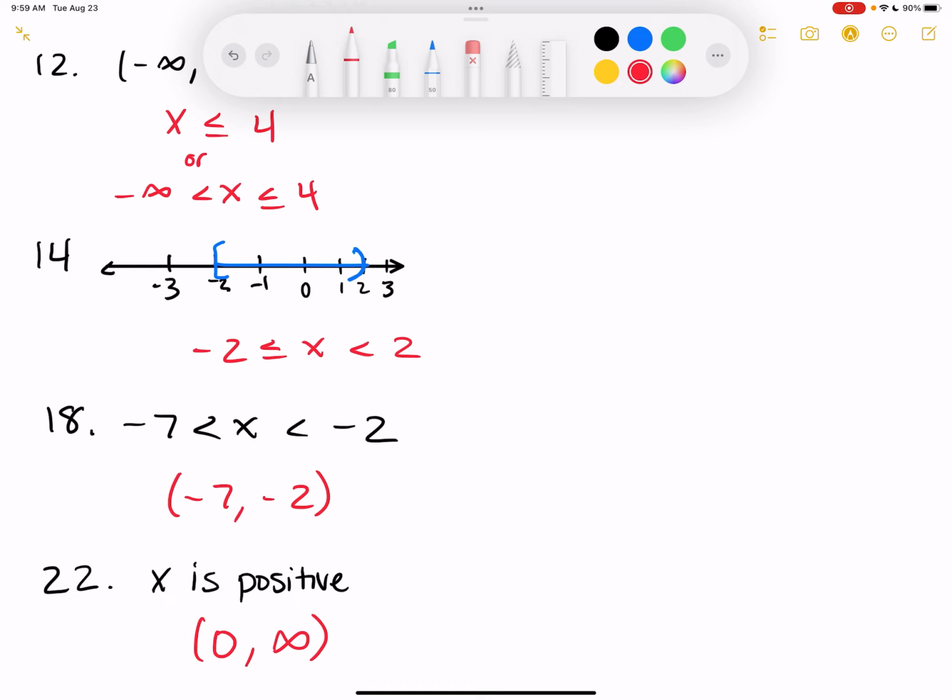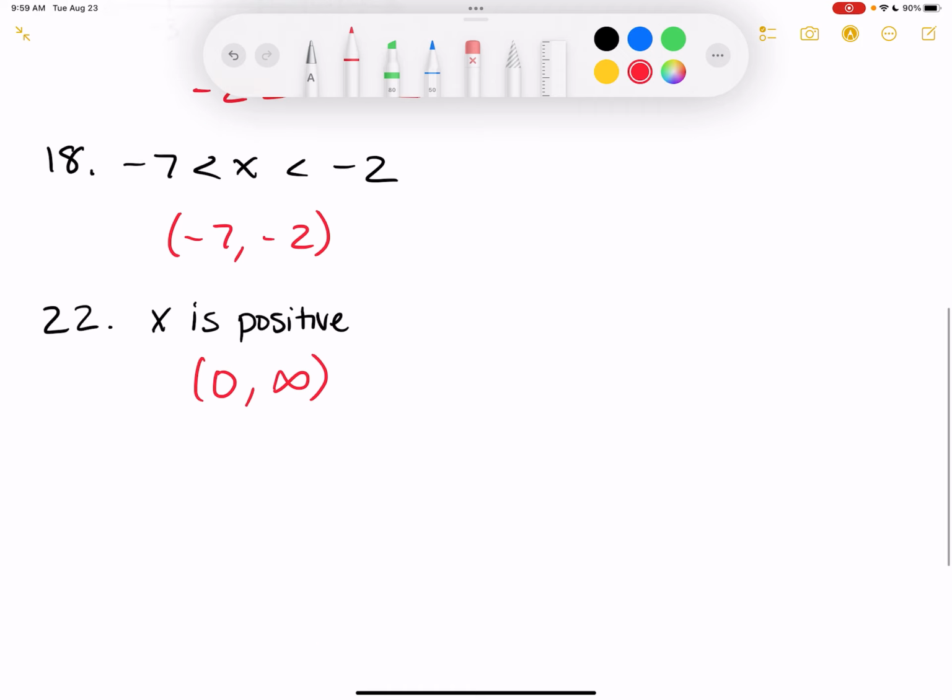Convert to inequality notation. Find the endpoints and state whether the interval is bounded or unbounded in its type. So 30, we have -3 to -1, and those are in parentheses. So first I need inequality notation. So how would I write that?